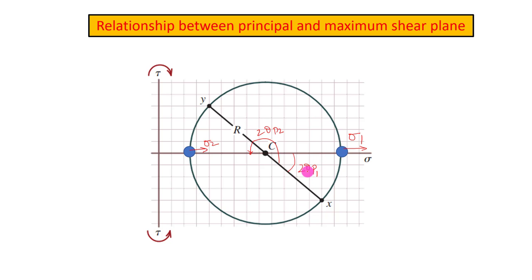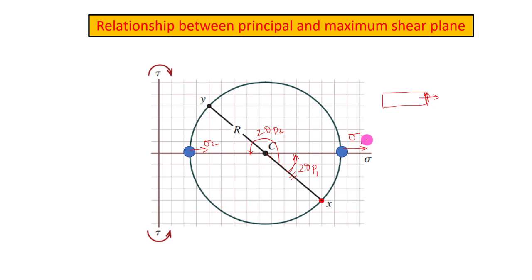At first look you may get confused about why we are measuring the angle with respect to this line. The reason is that if we take a simple element, the forces that will be acting at this face will be represented by this point x, and that's the reason we are measuring any angle with respect to it, 2 theta p1, in the anti-clockwise direction.